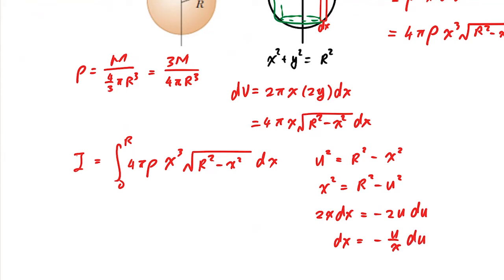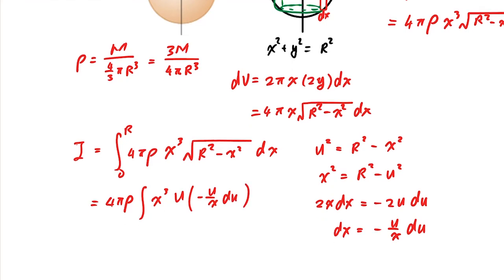Okay, ready for substitution now? Taking 4 pi rho outside, and then I'll leave this x cubed here for now. This whole thing is u, isn't it? And then I substitute dx, so we have negative u over x du.